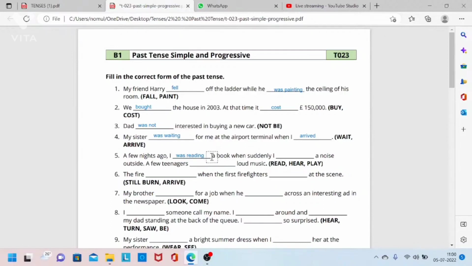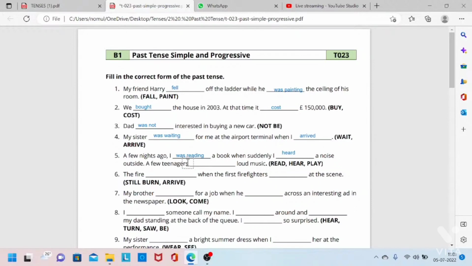I was reading a book when suddenly I heard. Okay, I heard. Here hear has changed to heard. Here V3 formation is heard. Heard a noise outside.